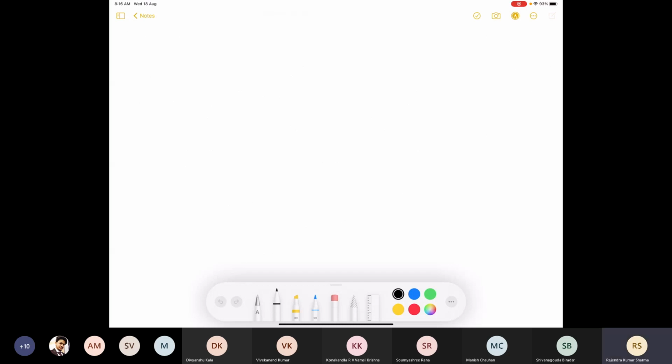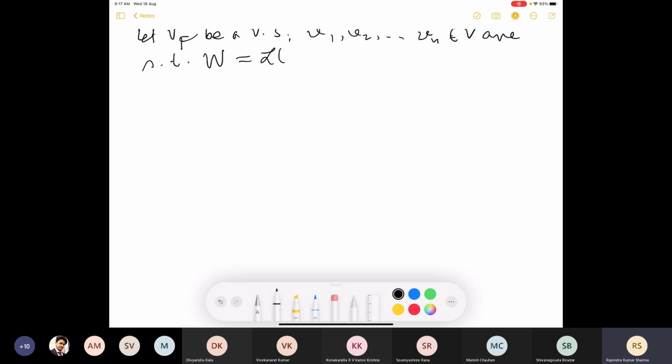so we can deduce from here. So let us take that V over F be a vector space, and V1, V2, Vn in V have their linear span, and call that, since this is a vector space, say W as the linear span of the set V1, V2, Vn.